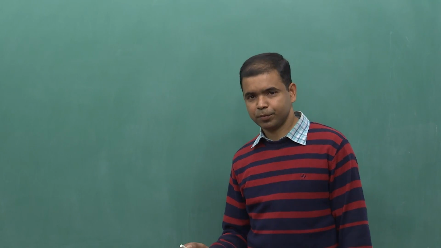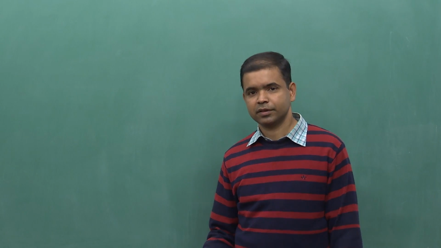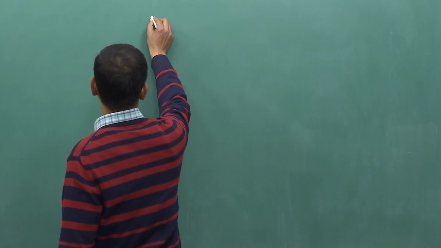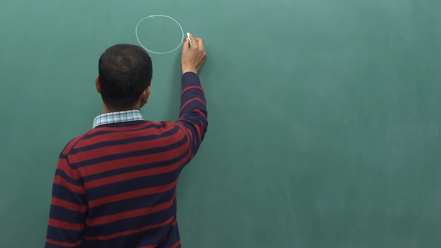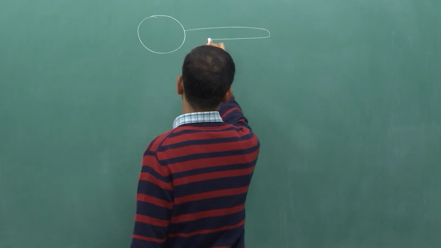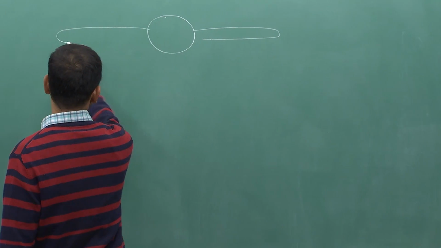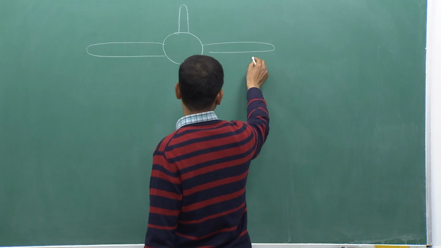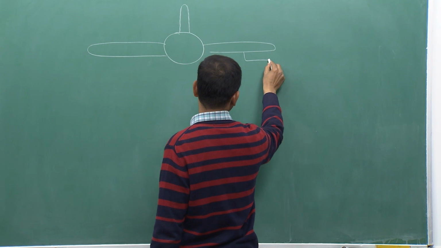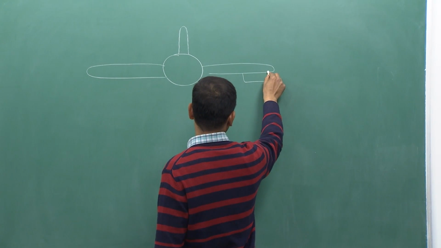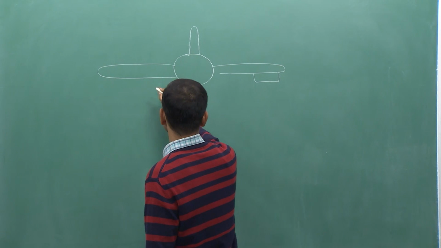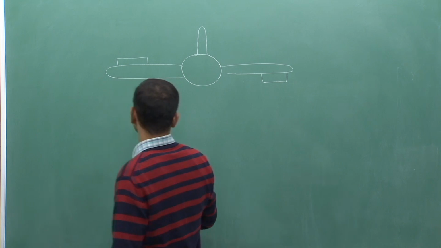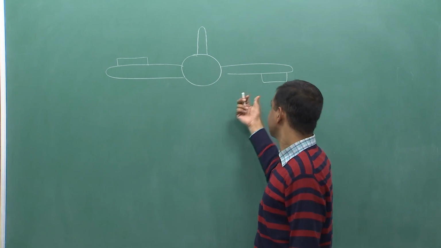For the positive deflection of aileron, meaning right aileron up and left aileron down, if I see the front view, this is the front view. Right aileron up and left aileron down.